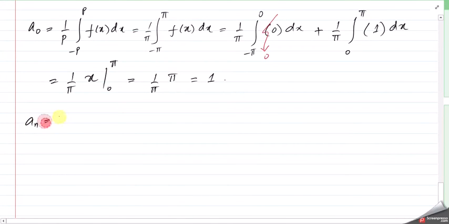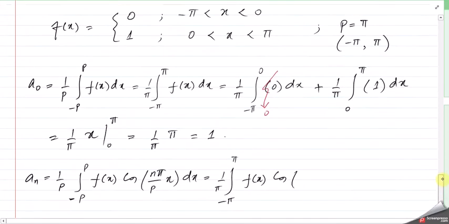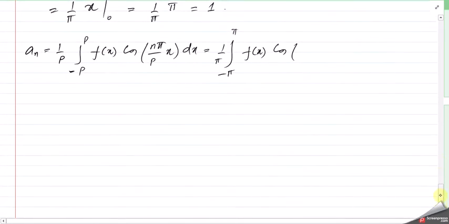An is again 1 over p integral minus p to p f of x cos(n pi over p x) dx. Okay? So that becomes 1 over pi integral minus pi to pi f of x cos, and p is equal to pi, because our interval is minus pi to pi.